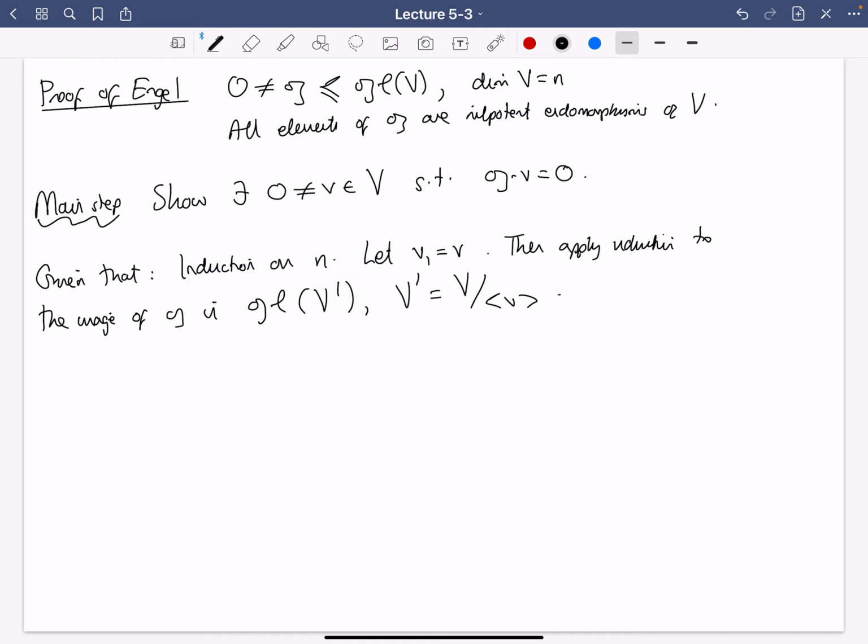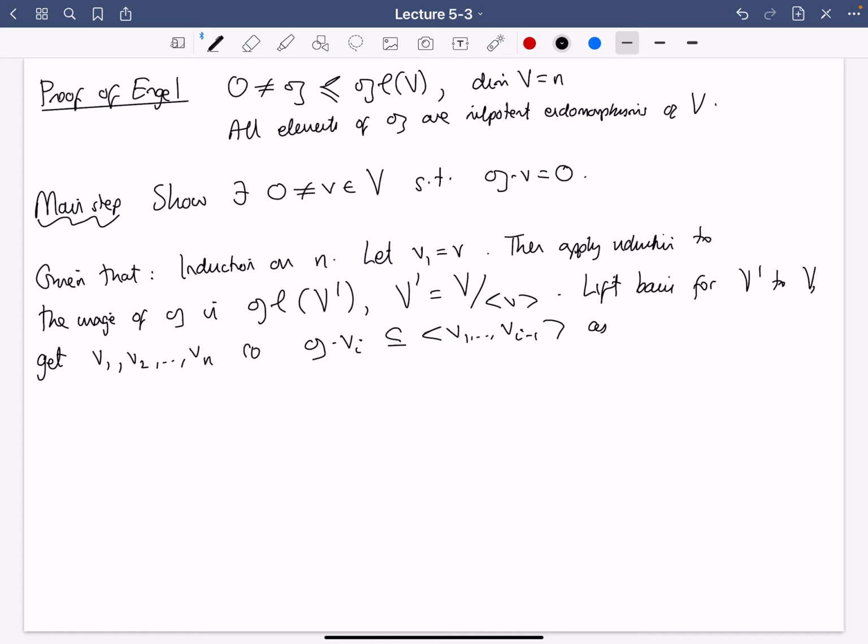If you just lift that basis back to V, you've already got v1, but lifting the basis for V' gives you the remaining vectors in a basis for V, so that G v1 is 0 already, and then G of these later vi's is going to lie in the span of the earlier vi's, or possibly v1. And that's exactly what you need to prove Engel.